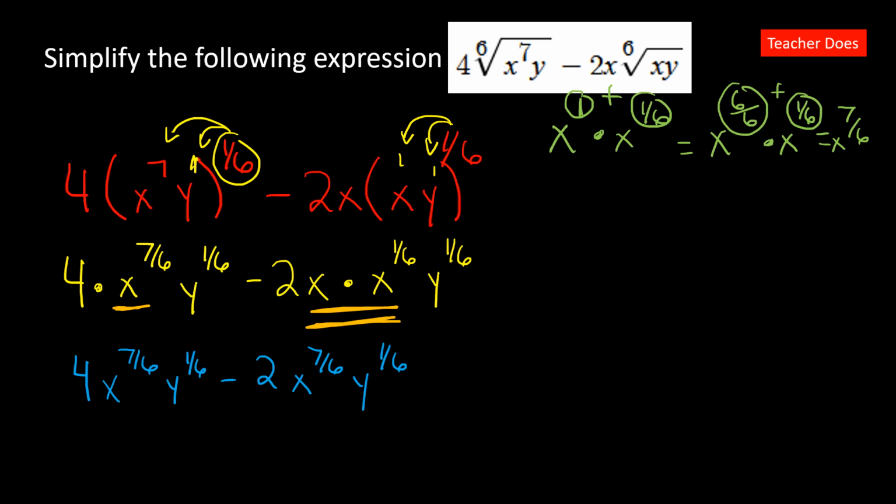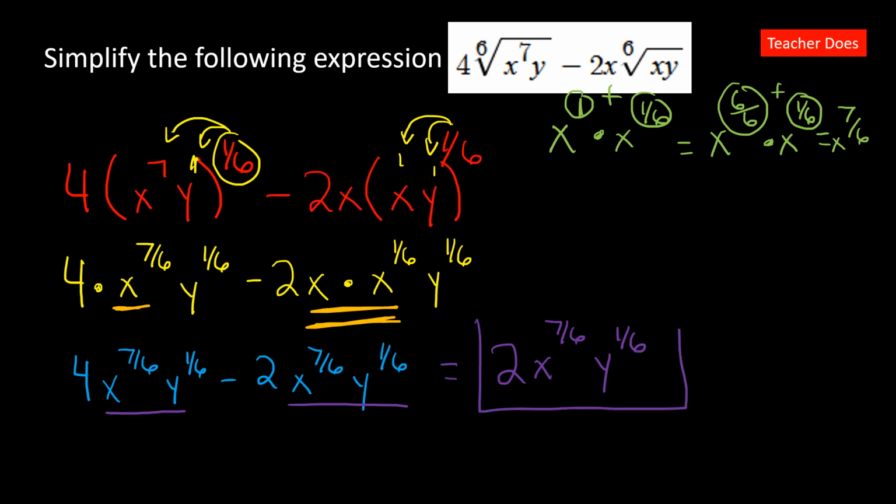And so because we have all the same variables, I can add or subtract the coefficients. In this case, it would be subtraction. 4 minus 2 is 2, x to the 7 over 6, y to the 1 over 6. And this would be our answer.